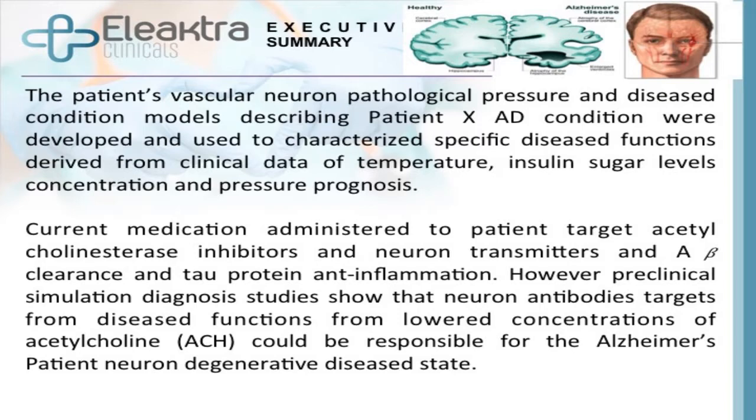Current medication administered to the patient targets acetylcholine inhibitors and neurotransmitters, and AB clearance and tau protein and inflammation. However, clinical simulation diagnosis from our research shows that neuron antibodies should target disease functions from lower concentration of acetylcholine, which could be responsible for the Alzheimer's patient's neurodegenerative disease state.